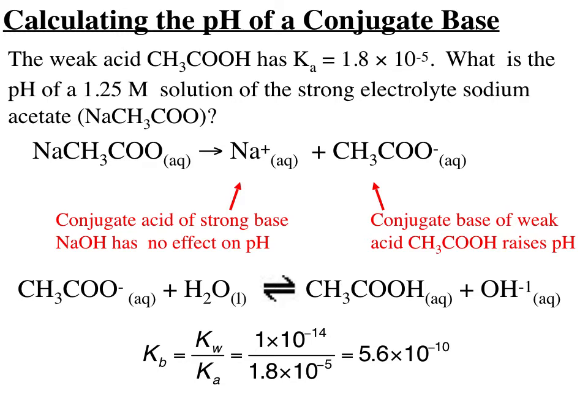This is a concept of Brønsted-Lowry. It comes about after the hydrolysis of a base in water, where we can recognize a conjugate acid that is formed as a result.